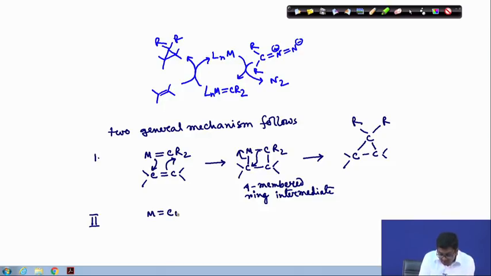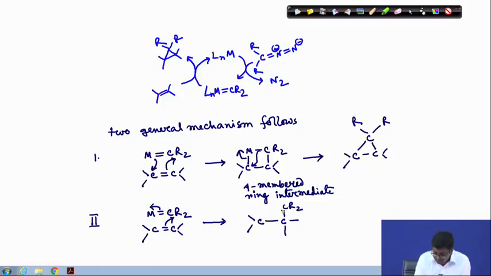If you have this metallocarbene, then you have this olefin. Now, the olefin can attack like a nucleophile on the electrophile, and it is having something like this.